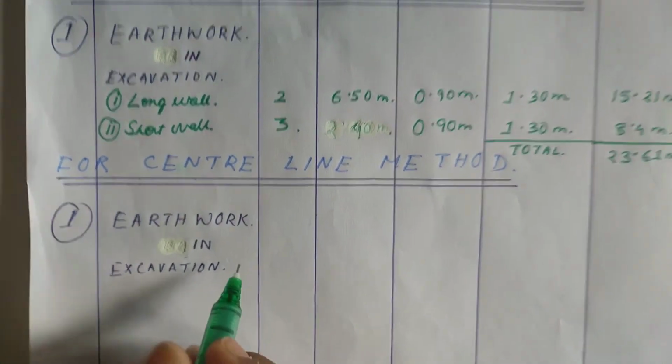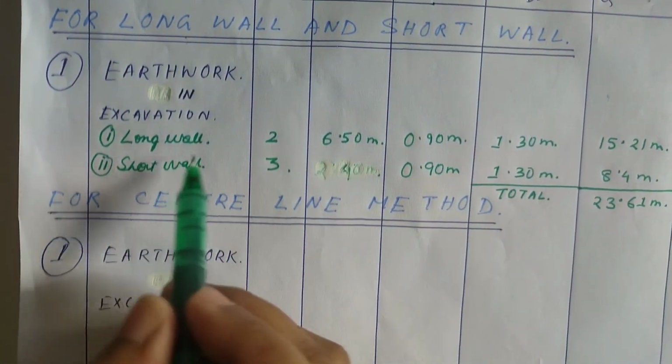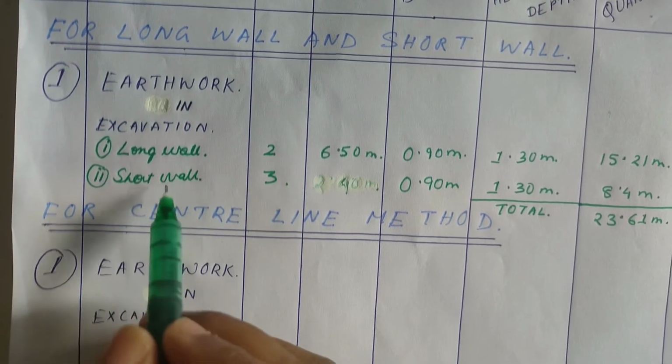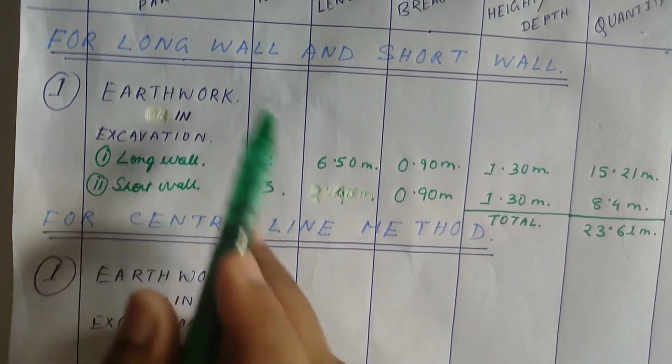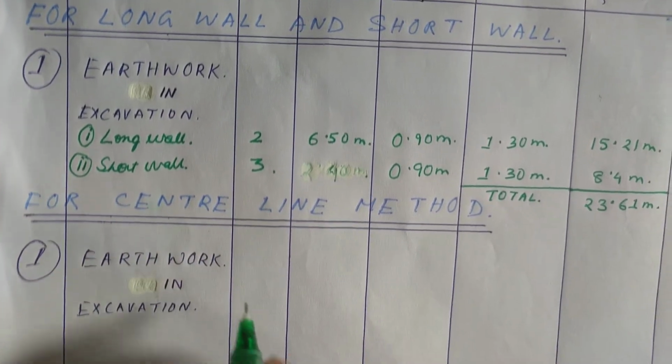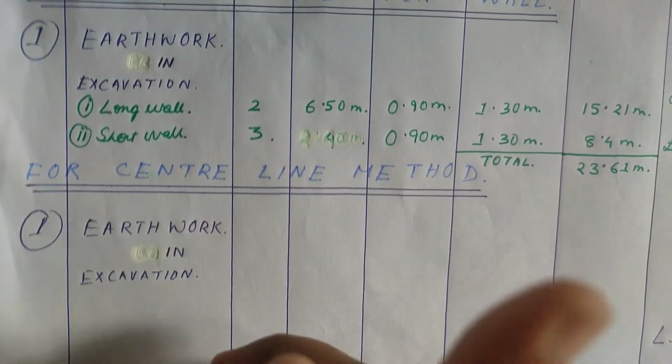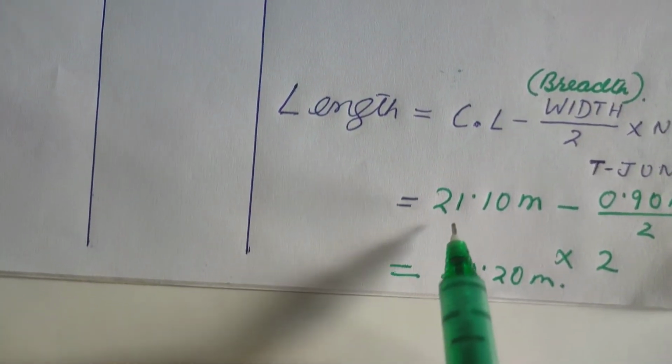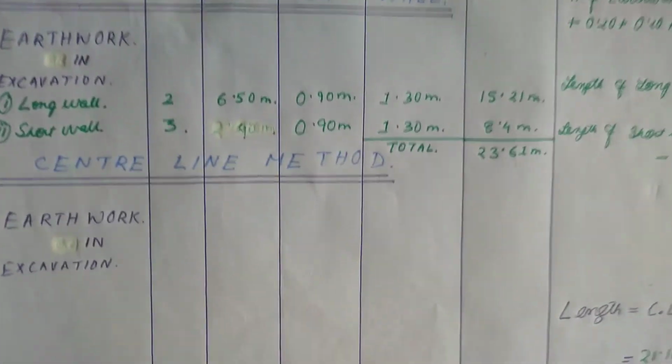In the long wall and short wall method we wrote 2 long walls and 3 short walls in the number section, but in the case of center line there is only one center line, because we already found the total length of the center line, that is 21.10.